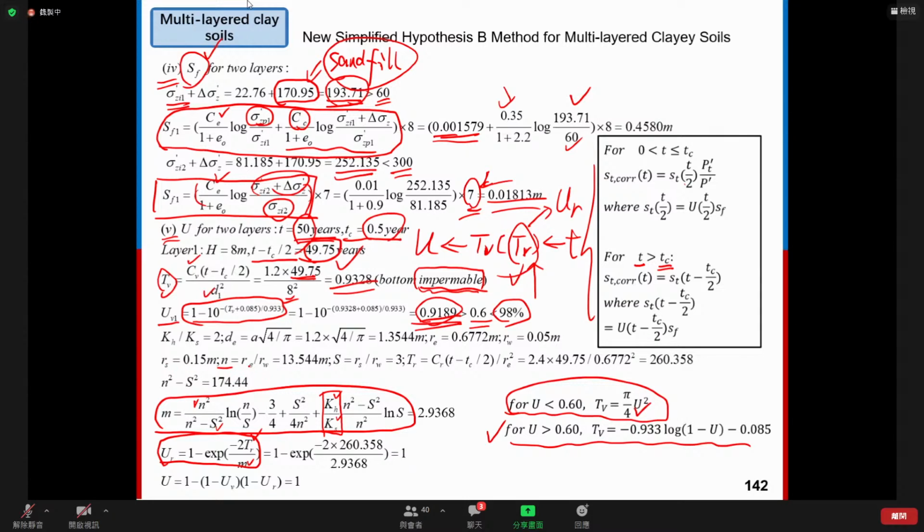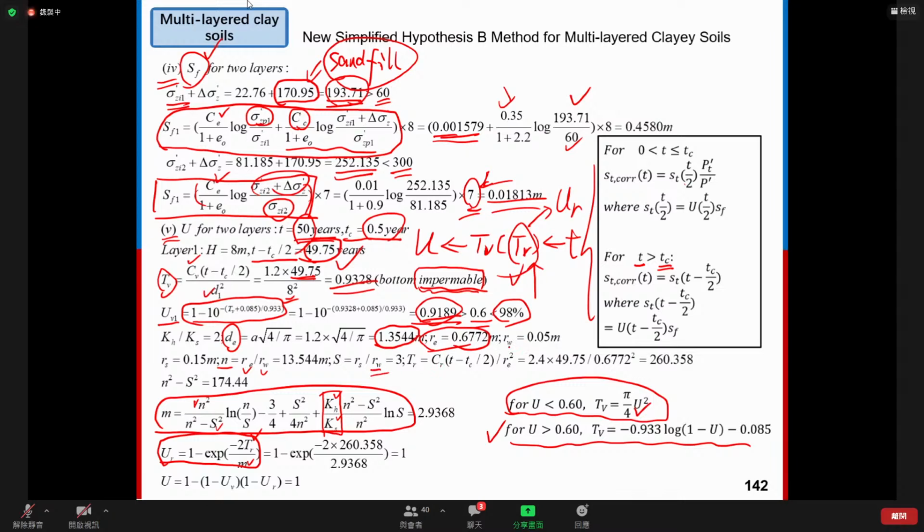N is the ratio between the equivalent radius of the column over the radius of the well, okay? This value has already been given in the question, right? Here, RE is here, this value, but in the question the information actually is DE, so we use the value of DE divided by 2. We get the RE, right?